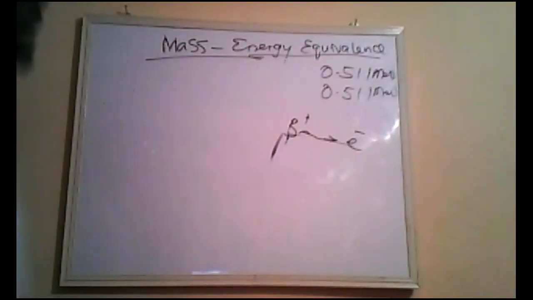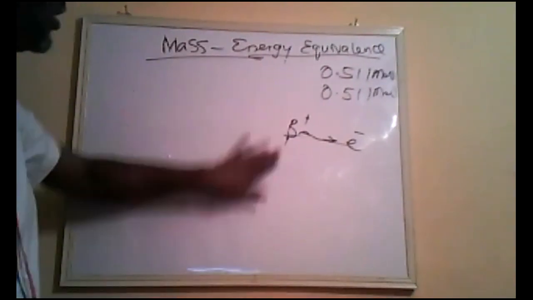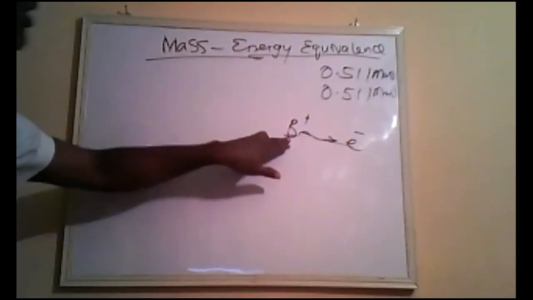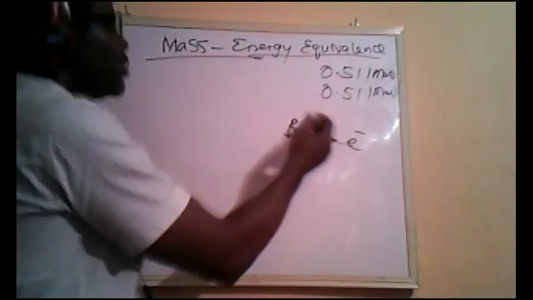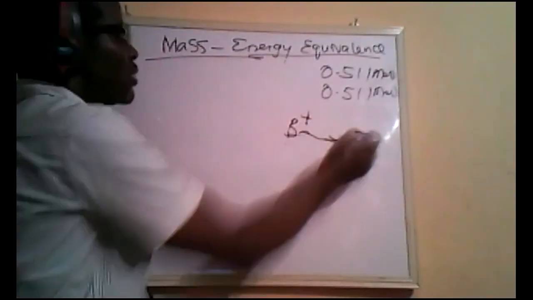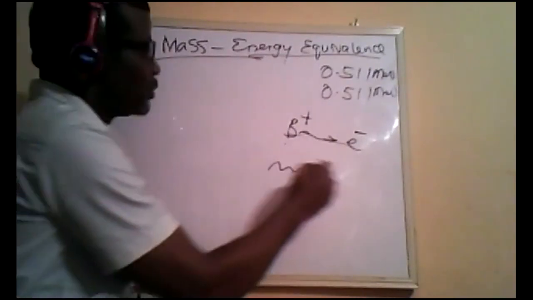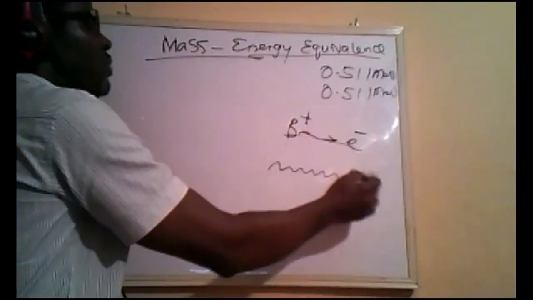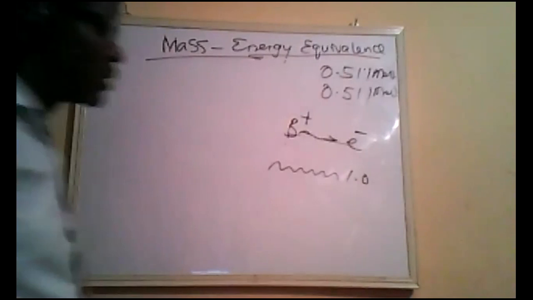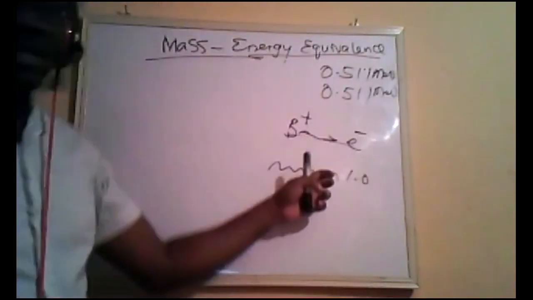They combine destructively to give rise to photons whose combined energy will be 1.02 MeV. So matter has been converted to energy.